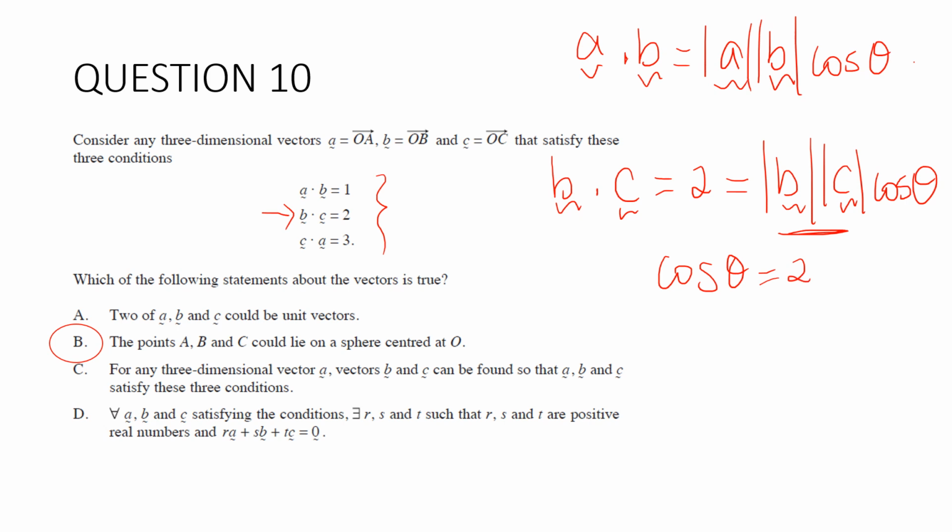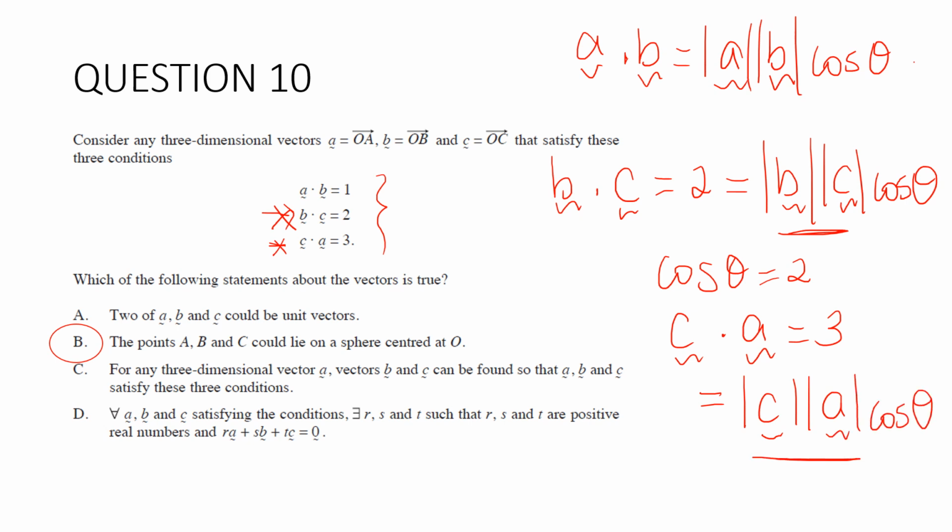So it can't be that. Now let's try by the same reason. You can see that C dot A equaling 3 is also going to be impossible, because we will get magnitude of C, magnitude of A, cos theta. They're both equal to 1, and so cos theta is equal to 3, which is also an impossibility. So it can't be either of those.